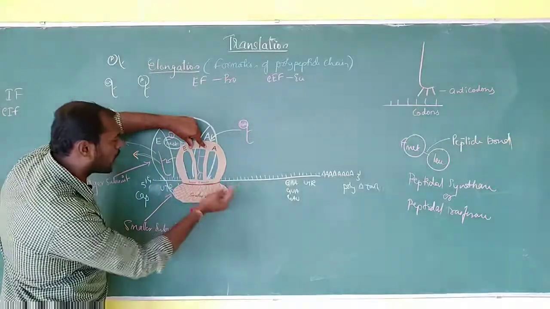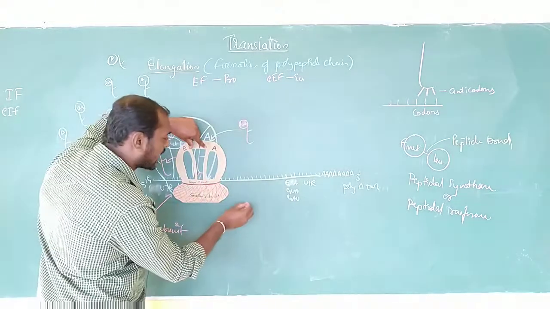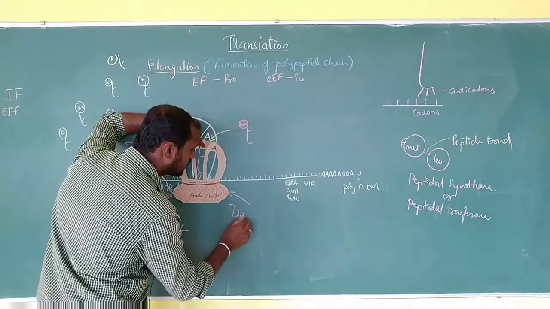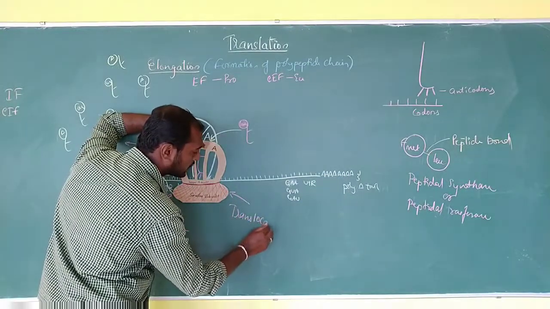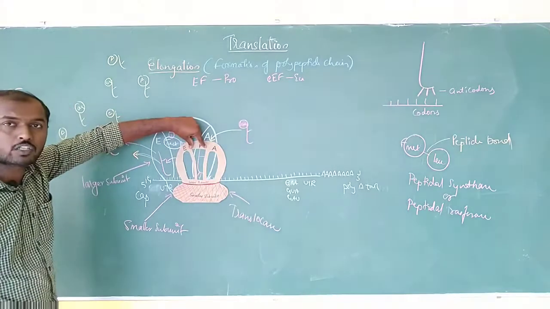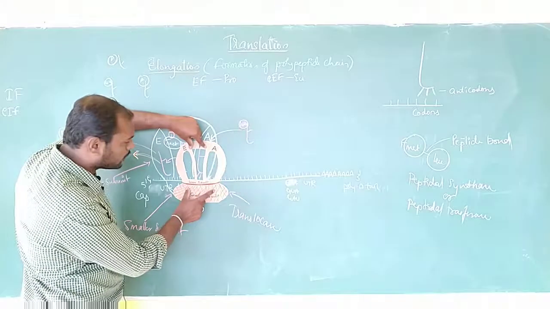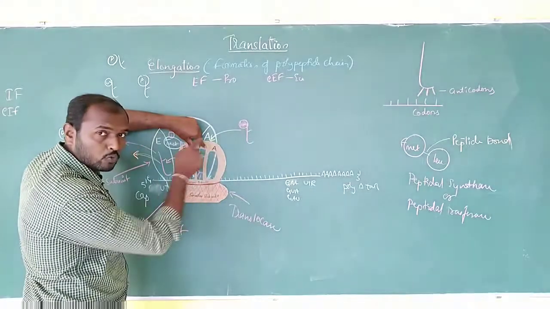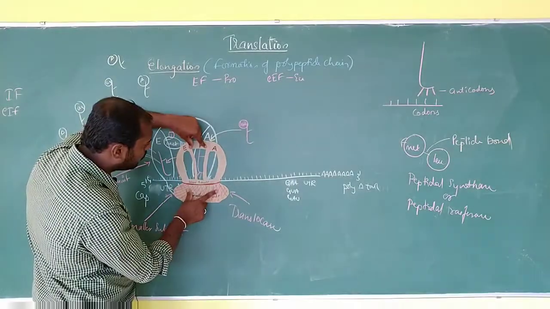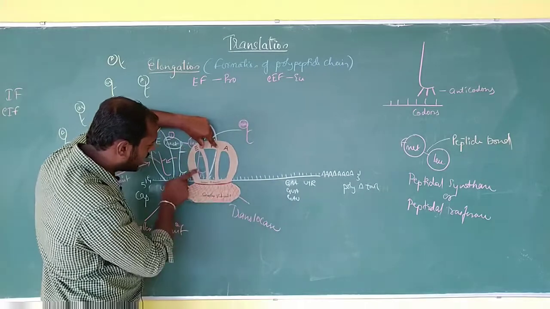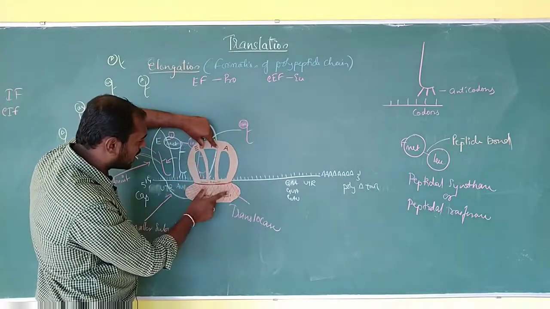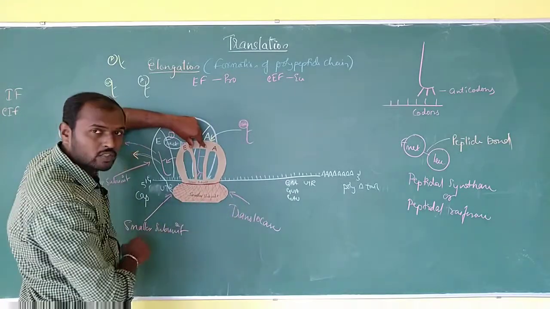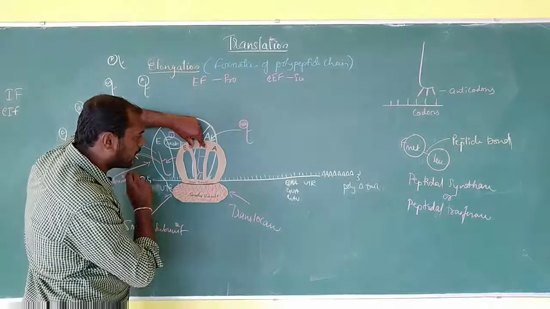Now next what happens, because of the enzyme called translocase, this ribosome complex is going to move next, so that the P site tRNA moves next. Understand here, translocase helps it move. Now the A site is empty.